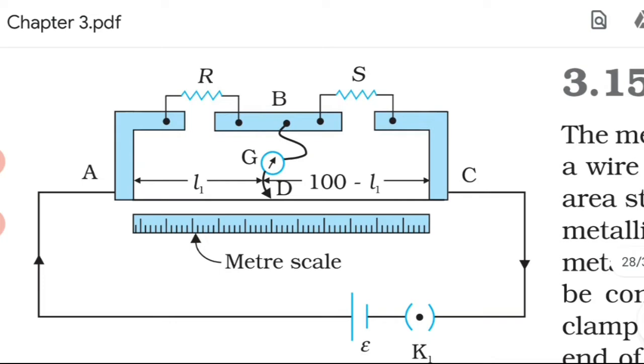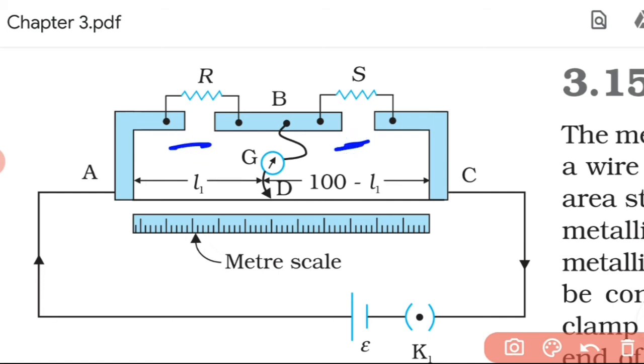They are very thick, because the resistance offered by those copper strips towards the circuit will be equal to 0. We are considering no resistance is offered by those copper strips. And you have two gaps here, one is this gap and another is this one.